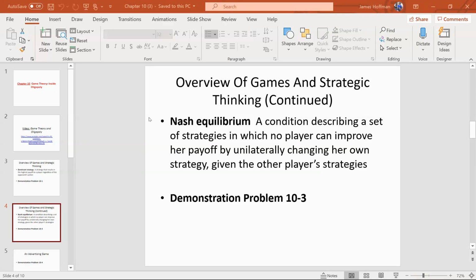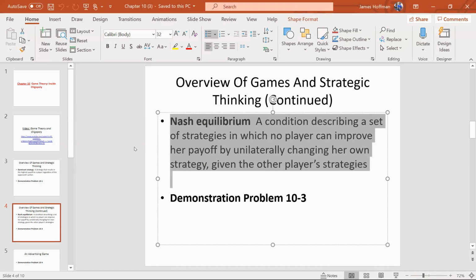Okay, so the definition of the Nash equilibrium concept is a little confusing, but it's a condition describing a set of strategies in which no player can improve their payoff by unilaterally changing their own strategy given the other player's strategy.